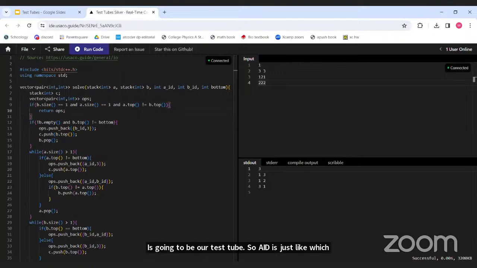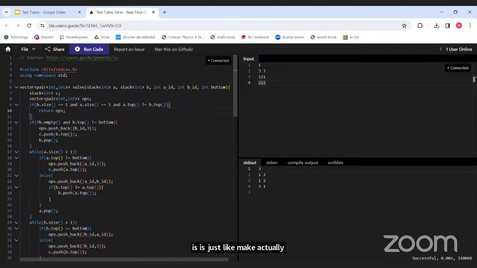Please re-clean it, actually. All right. Any better?